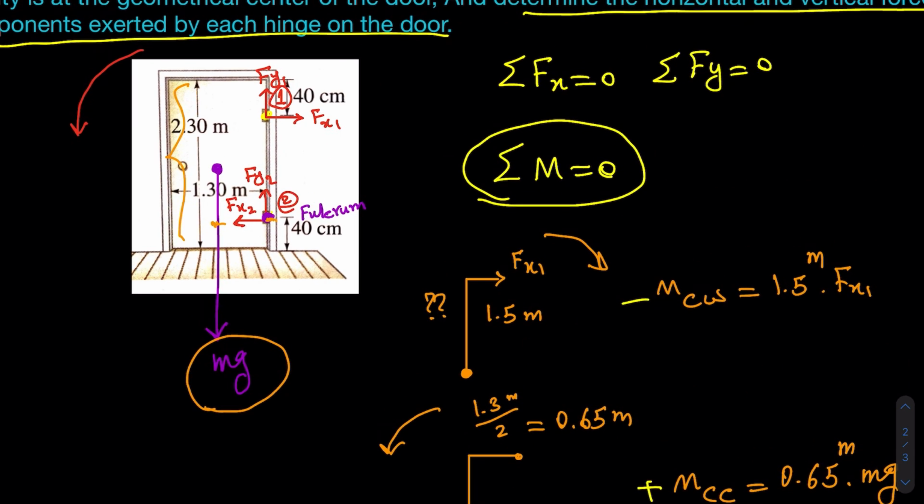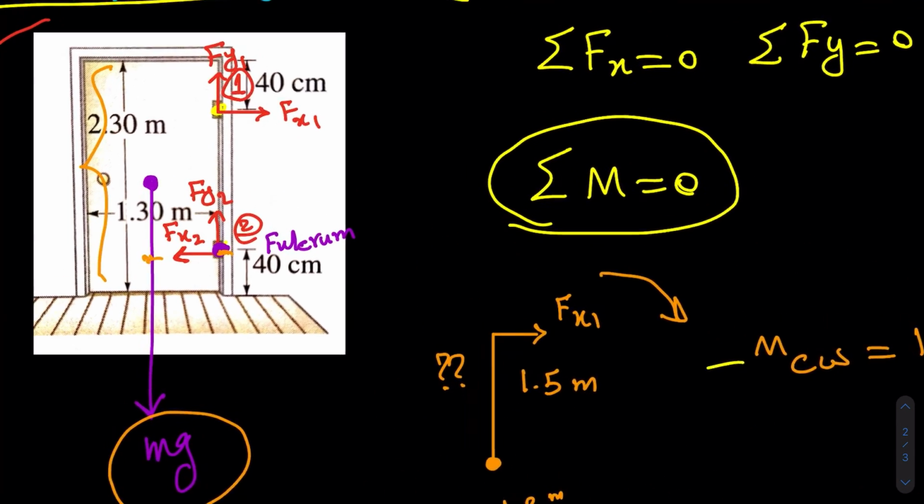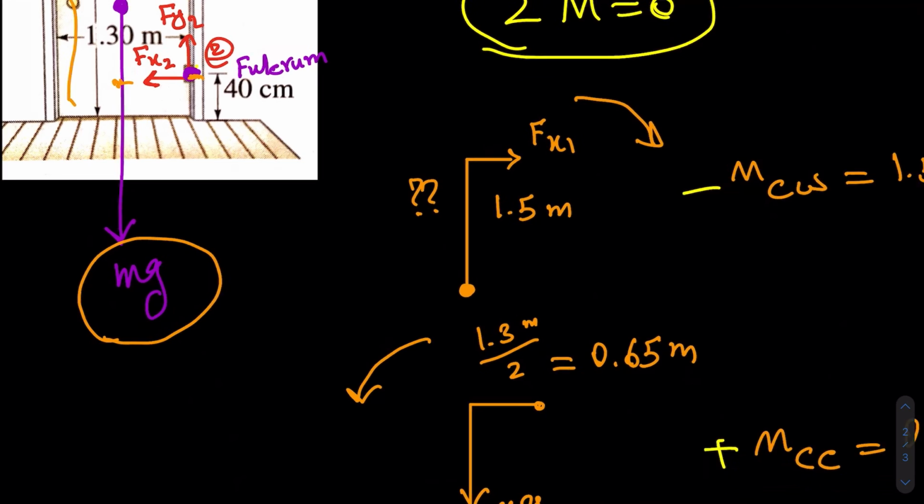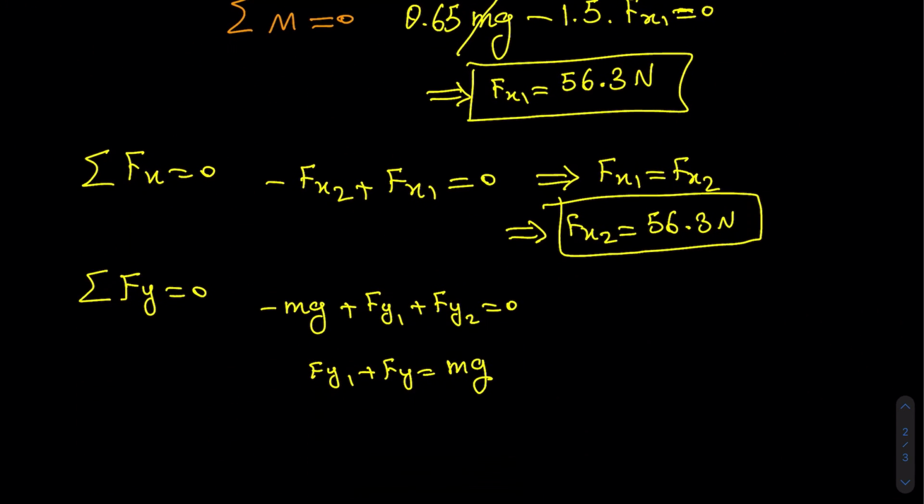Looking at the case carefully, based on the symmetrical position of the hinges, and because the door has a regular geometrical shape, we can say that these forces are equal. So fy1 is equal to fy2, which is equal to fy.